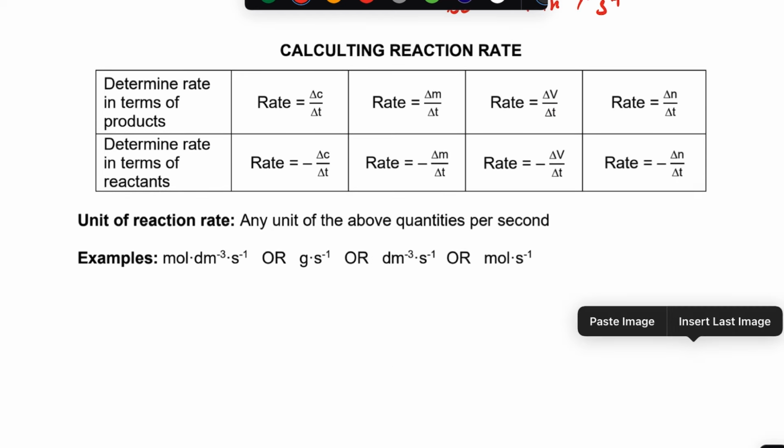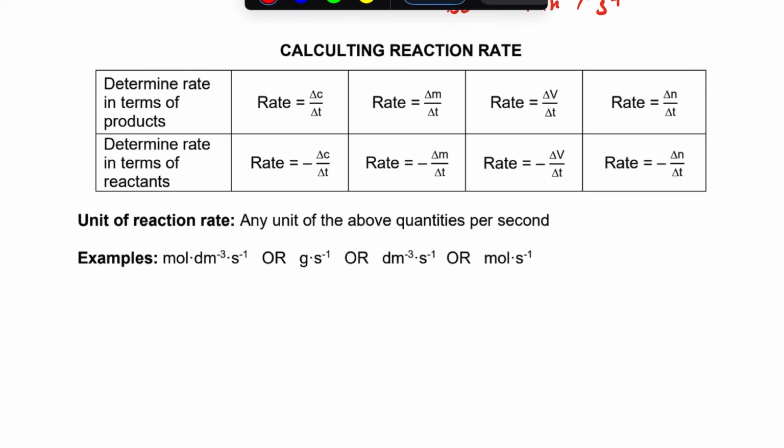Now let's go to calculating the rate of reaction, guys. Whether you're calculating using concentration, mass, volume, or number of moles, it depends. But when you calculate the rate of reaction using the products, let's say they say there's a product of water and they ask you to calculate the rate at which the water is formed, then in your calculation of rate there will be a positive sign.